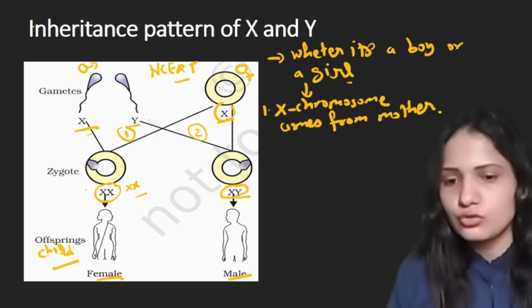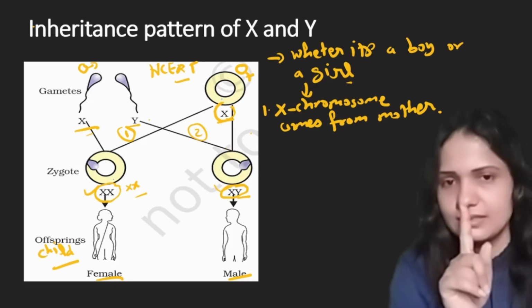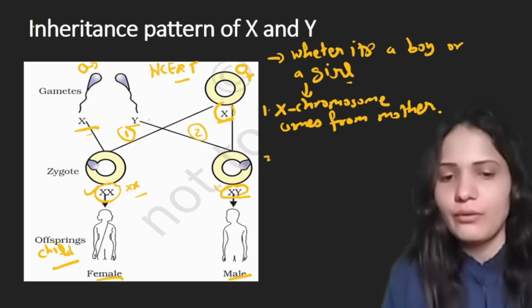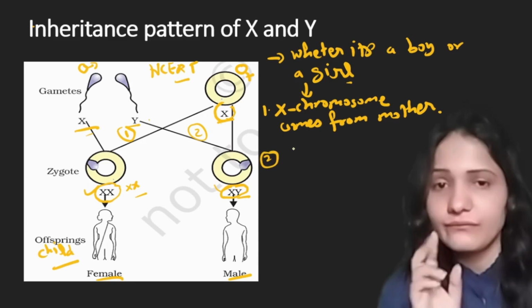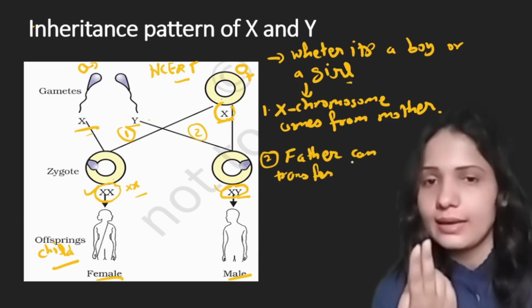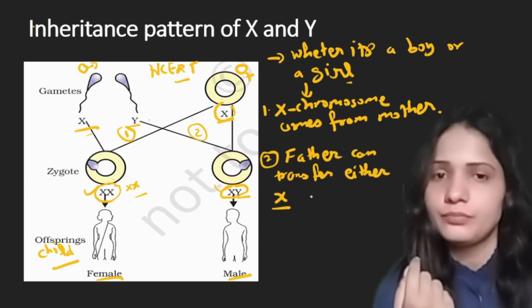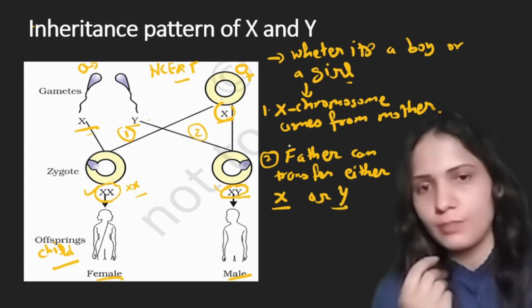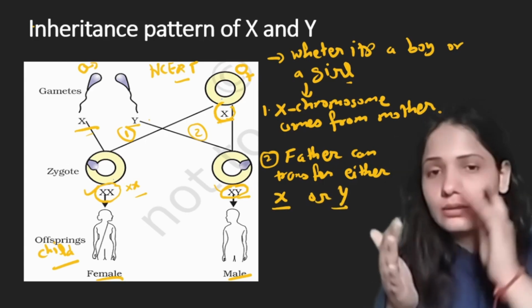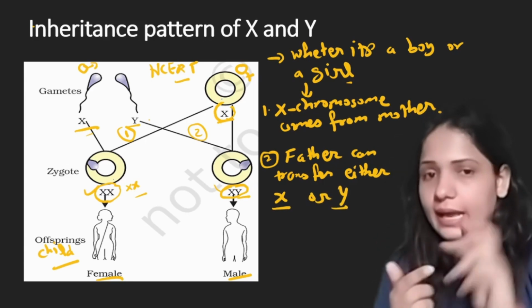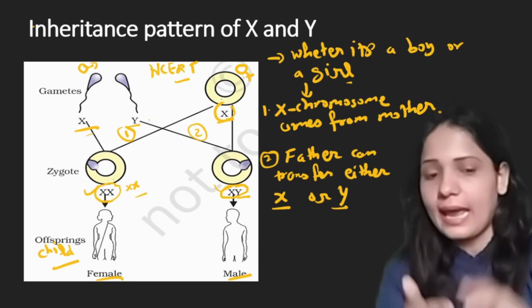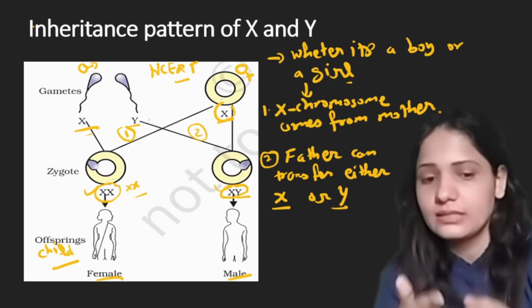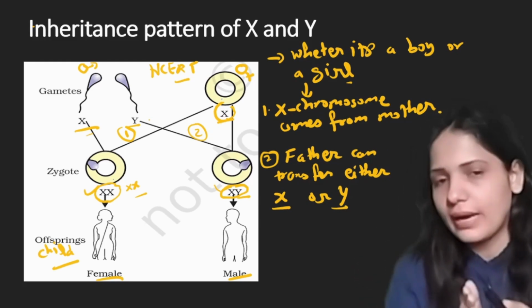This X chromosome in this case is from mother, and in this case also this X chromosome is from mother. This is the one point. The second point is the other chromosome. Father can transfer either X chromosome or Y chromosome to the offspring. Mother always transfers X chromosome, and father donates X chromosome or Y chromosome.